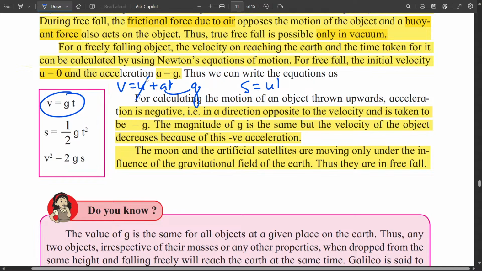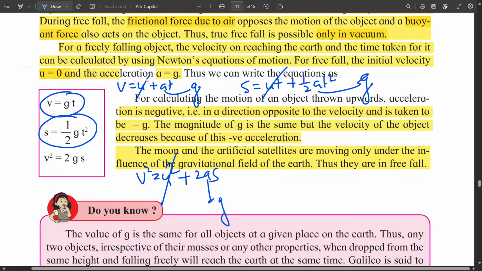Again we have the equation s is equal to ut plus 1 half at square. Here also u is 0 and a is g, so s is equal to half gt square. And v square is equal to u square plus 2as, with u 0 and a g, so v square is equal to 2gs.